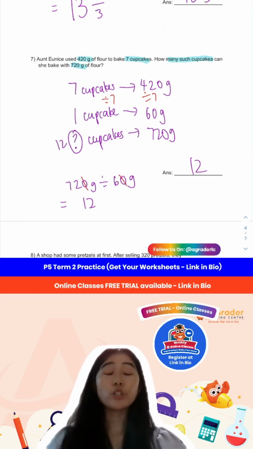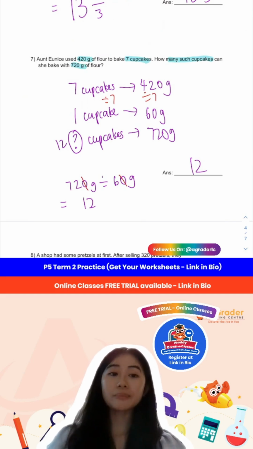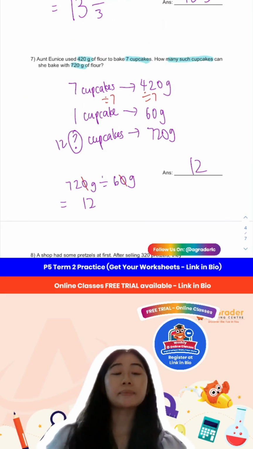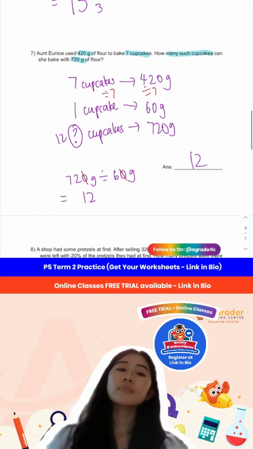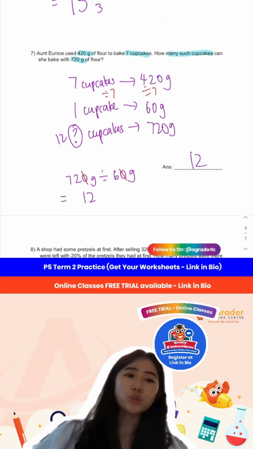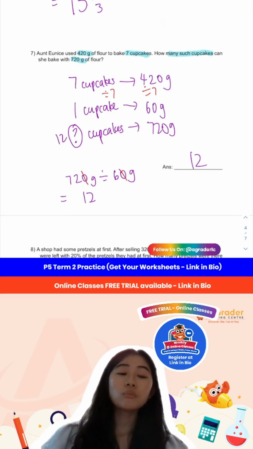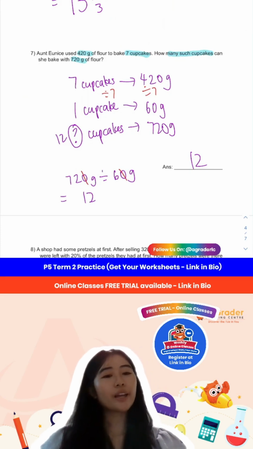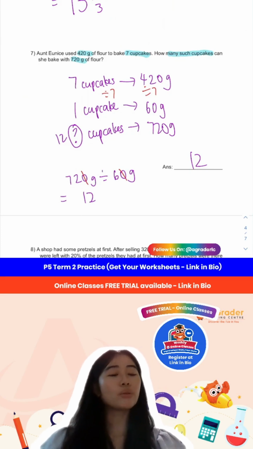We will also do revision when it's closer to your exams. Okay, Jin, you have a question, is it? Do we teach ratio? Yeah, we will teach ratio if you're in P6. If you're P5, then no, we won't cover ratio in P5.